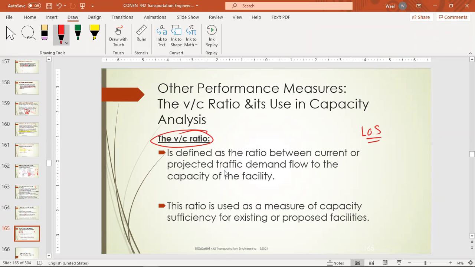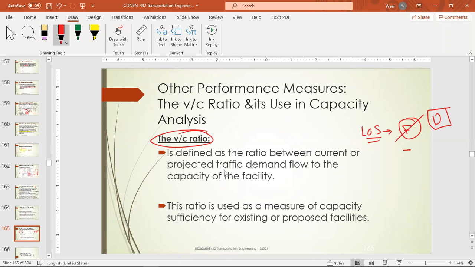Sometimes, for example, the level of service at a signalized intersection is F. That does not mean the problem is in the infrastructure, maybe in the control condition, the traffic control system that you have. If you improve the traffic control or the signal timing for that intersection, we might get a better level of service. So here we use the V over C ratio as a guideline, as a second judgment.